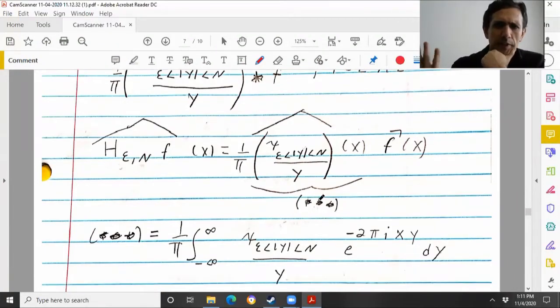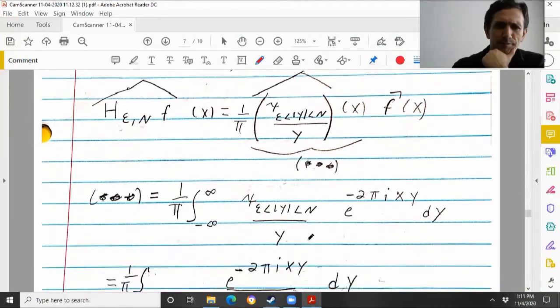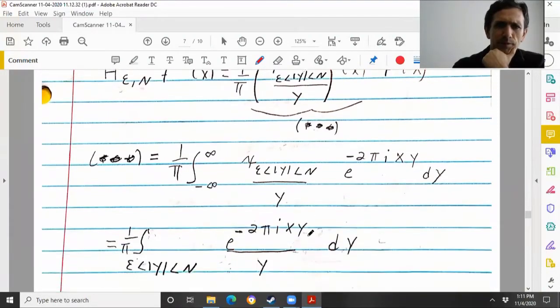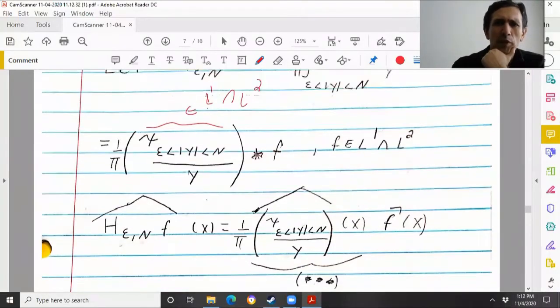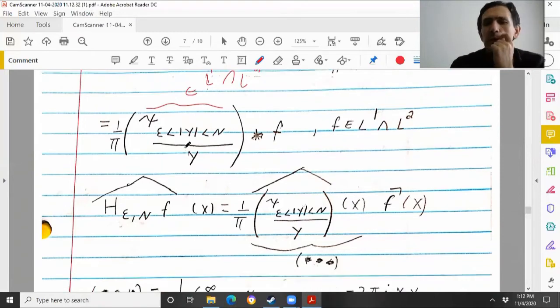Okay, well, just definition. This is a characteristic function, no subtlety here. So we're integrating over the set here. Because this is an L1 function, there's no subtlety in the Fourier transform. It's given by the integral definition.